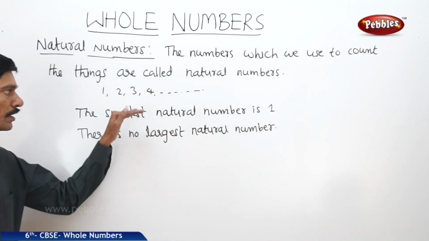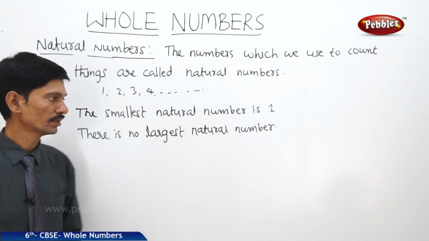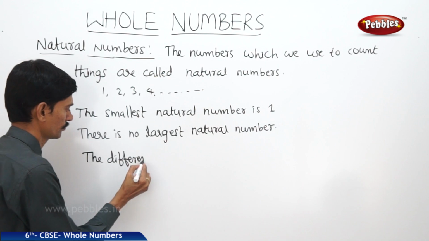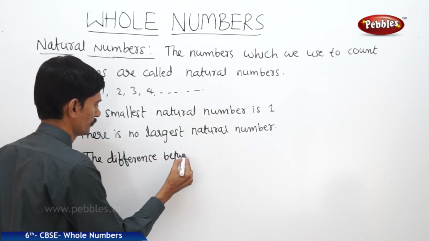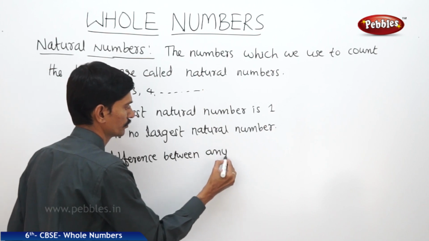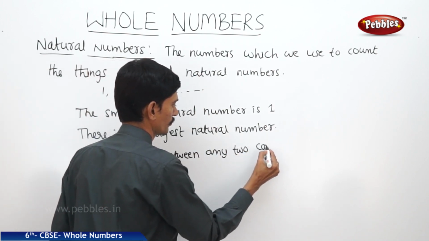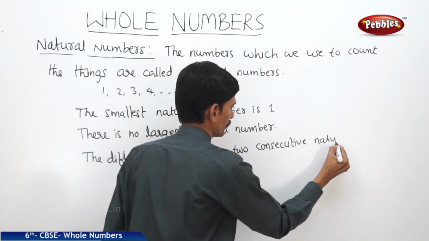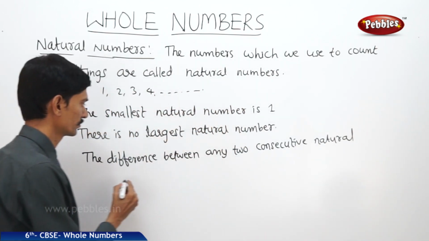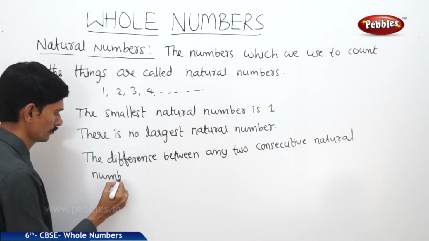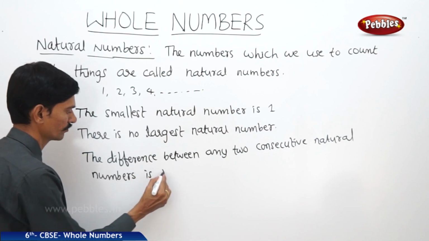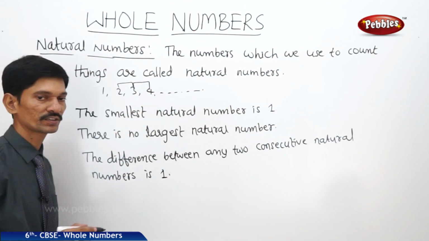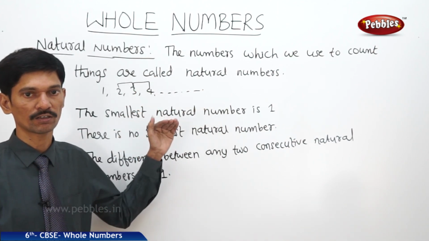And the difference between any two consecutive natural numbers is 1. So the difference of 2 and 3 is 1. The difference of 3 and 4 is 1. So the difference of any two consecutive natural numbers is always 1.